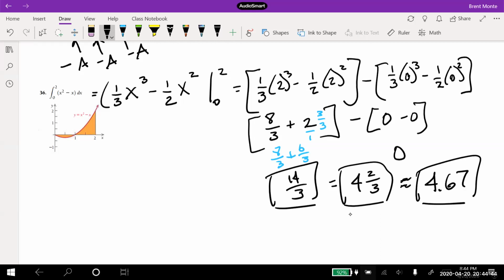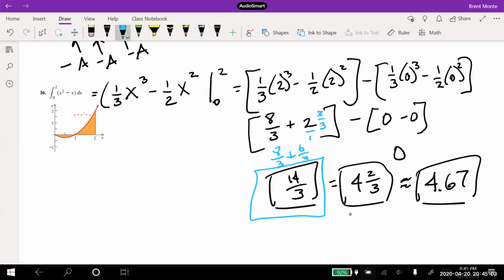Any of those would be fine. Usually on the computer, they're going to leave it here, I believe. But again, I'm kind of guessing. I don't know what all the answers look like on the computer, but notice I have positive 14/3 or positive 4 2/3.